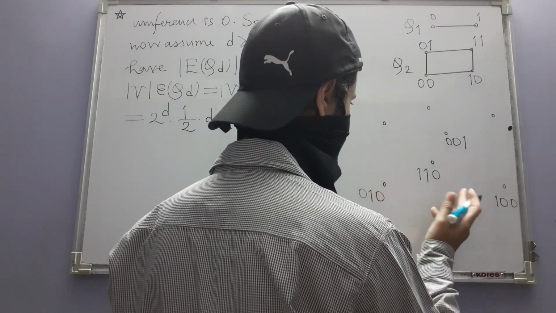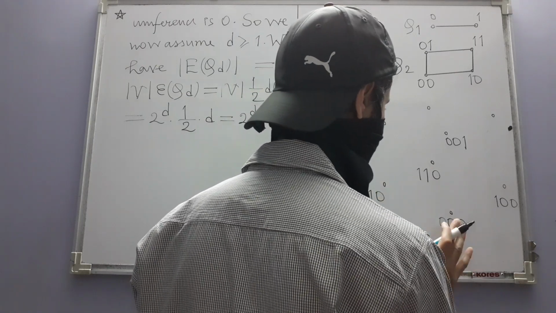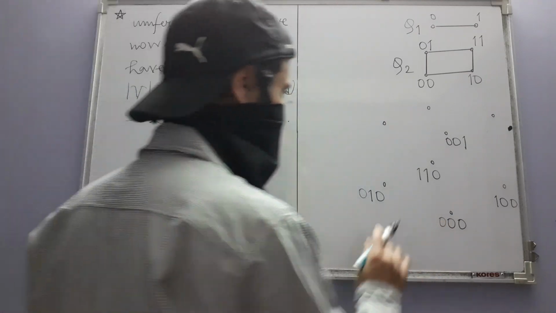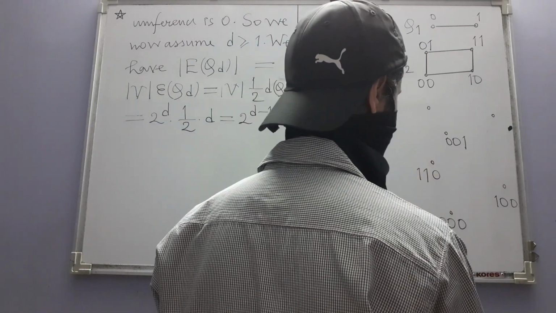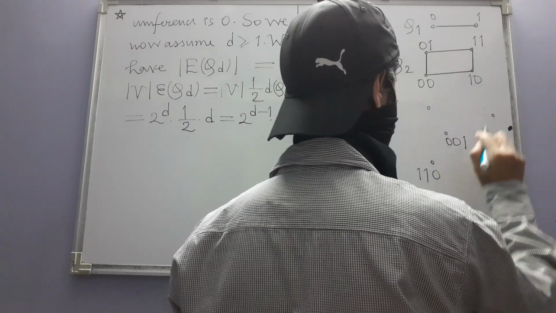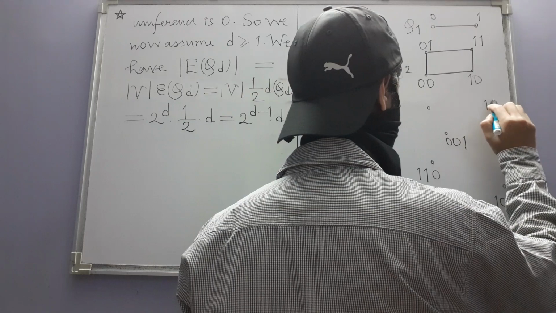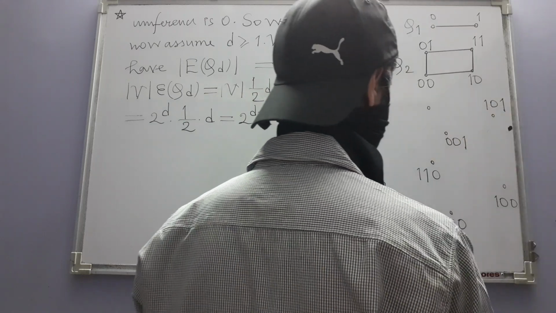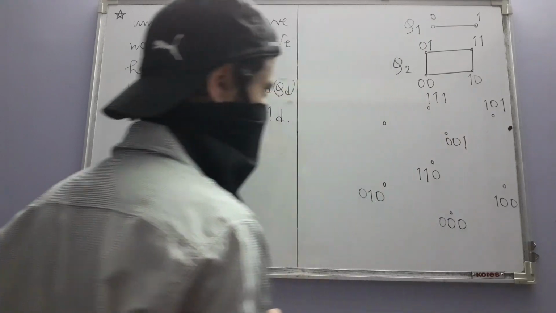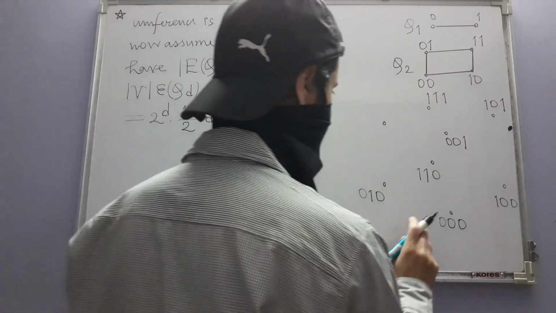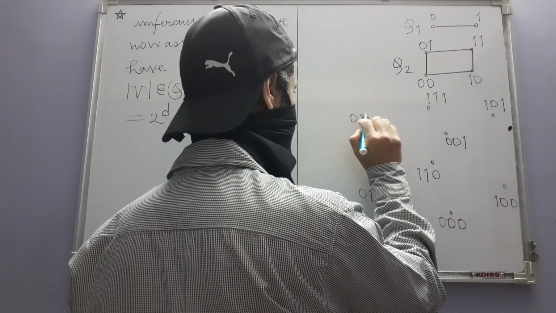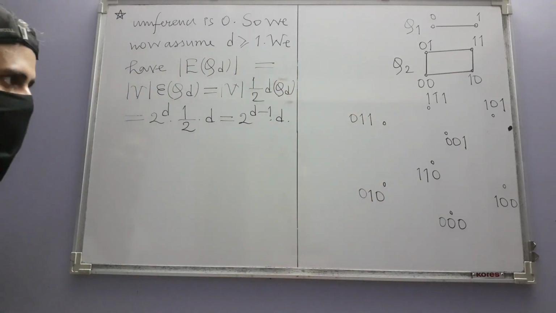I have to name them carefully, because otherwise I won't be able to show why it looks like a cube. And one more, so this will be 0, 1, 1.